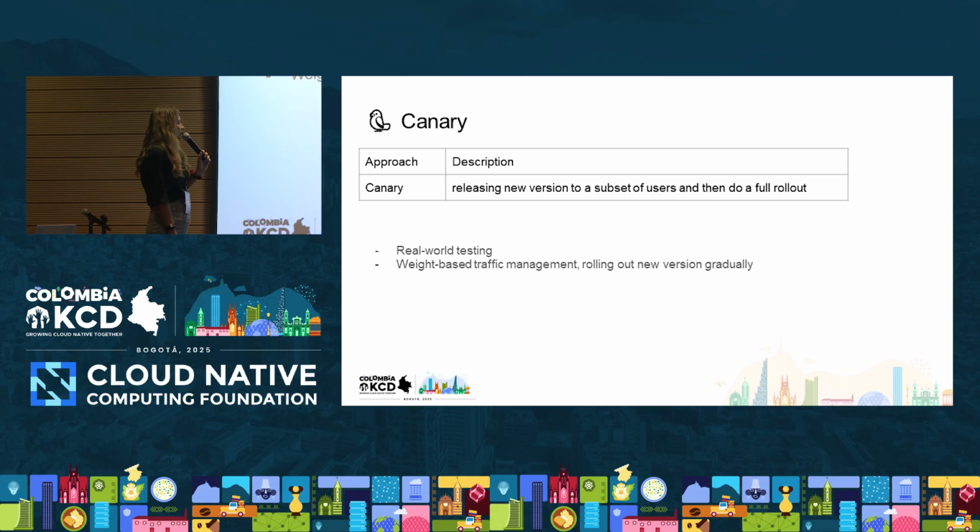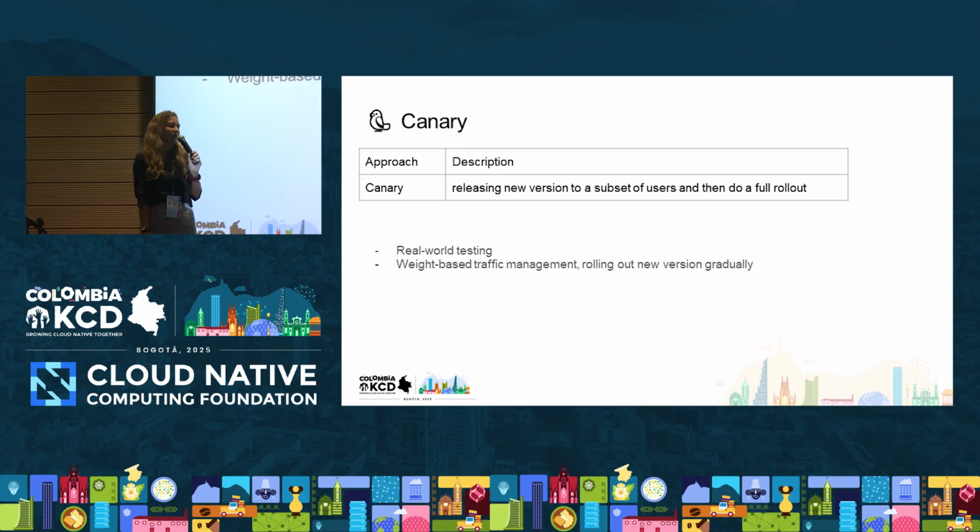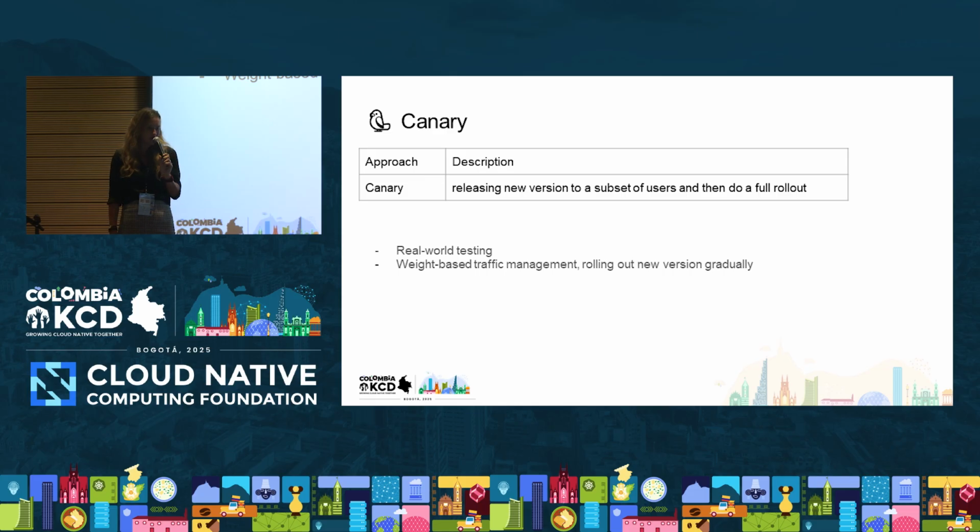And so this is also the case here. We test the new version gradually, we go deeper into the mine, we expose more and more traffic to the new version, and we can test whether the new version is working, and whether it's stable, and whether we can make it the stable version.